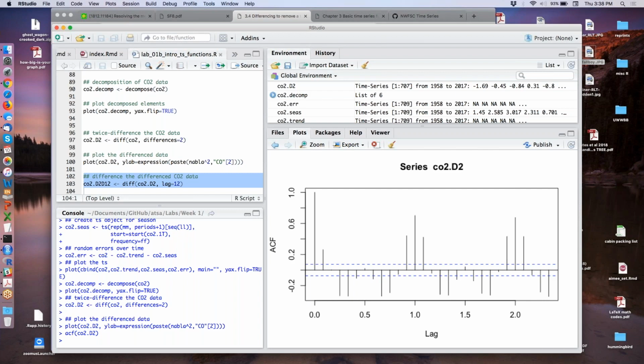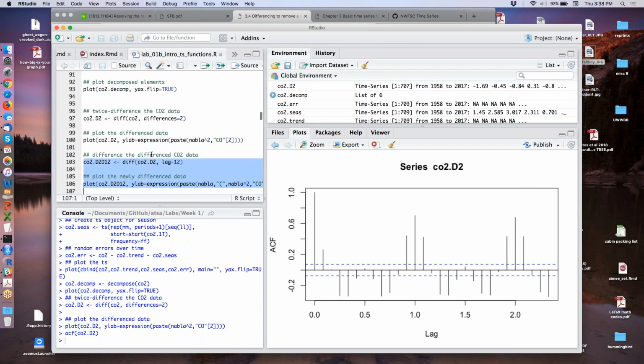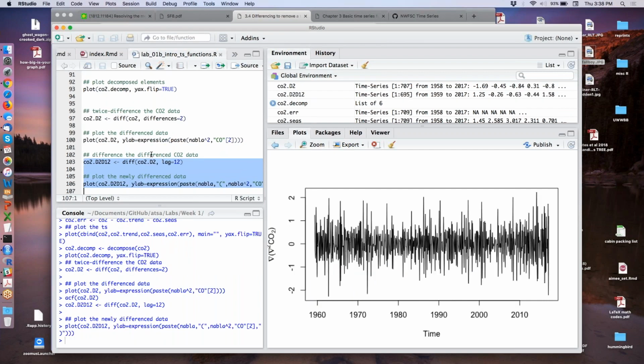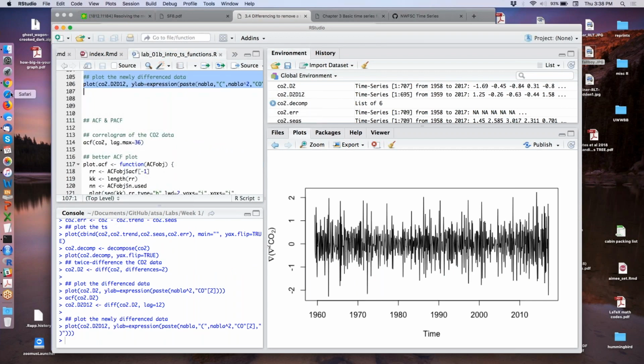And again, this is that funny thing that R did where it was monthly data, so this is 1 year, not 1 month. So what we can do again is difference these at a lag of 12. Now this looks much more like white noise. So we've gotten rid of that non-exponential increasing trend and the seasonal aspect. So now we're left with just some nice fuzziness.